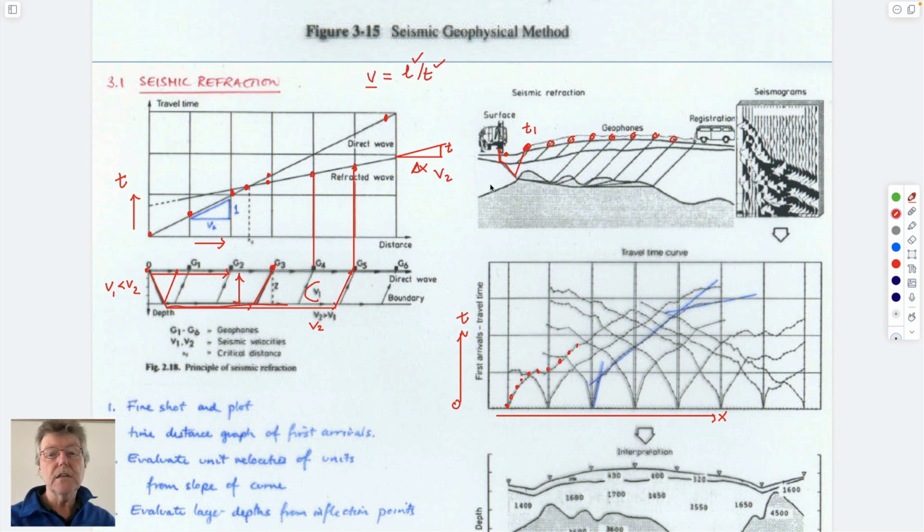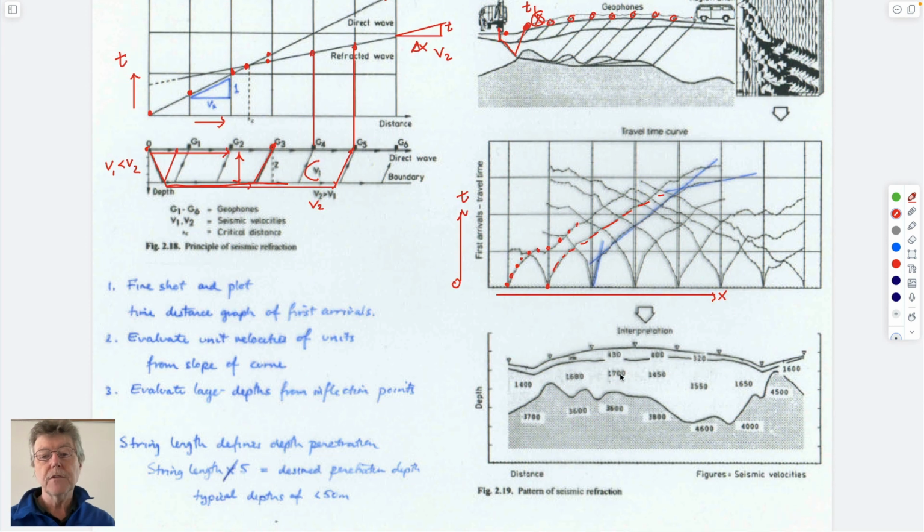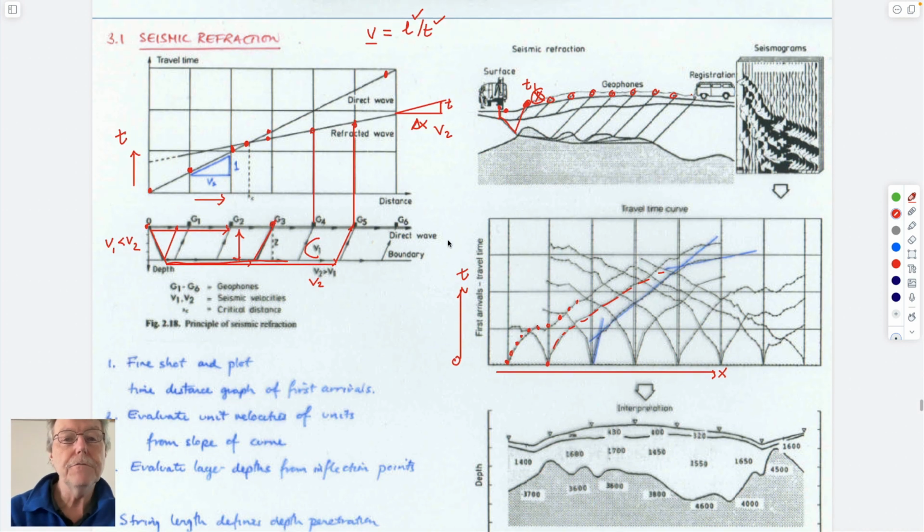So if you do this at a single shot point and have some geophones, if you then move the shot point to another location, which would be here, and do that same measurement, you can use this information to say something about both the velocities of these individual layers and the individual depths of them, to be able to recover that from the seismic profile. So it's a little convoluted because it's using this idea of refraction.